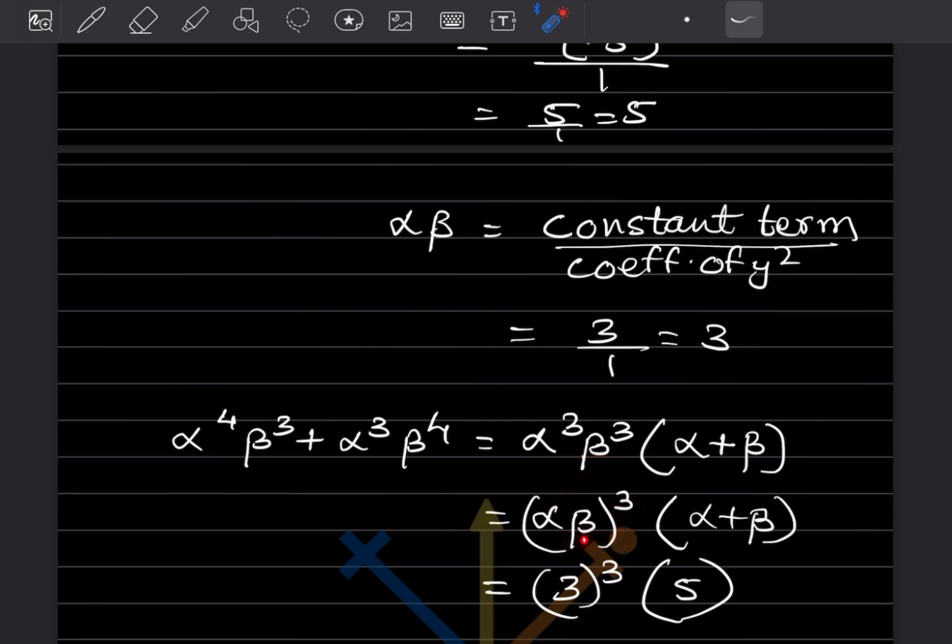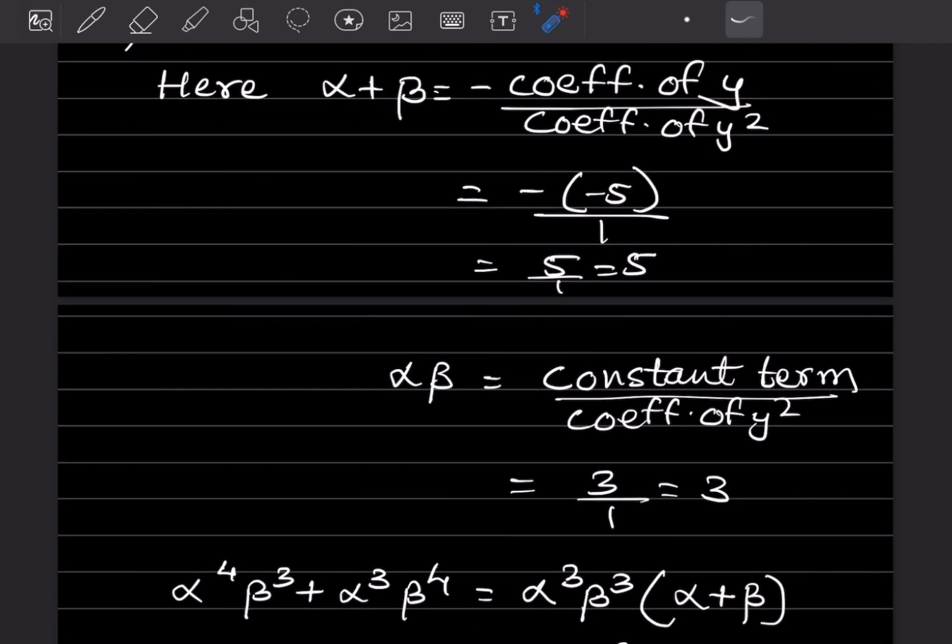So why did we write this as alpha beta cube? Because we know the value of alpha beta. We don't know the value of this one separately, but if we write it in this way, we know the value of alpha beta.